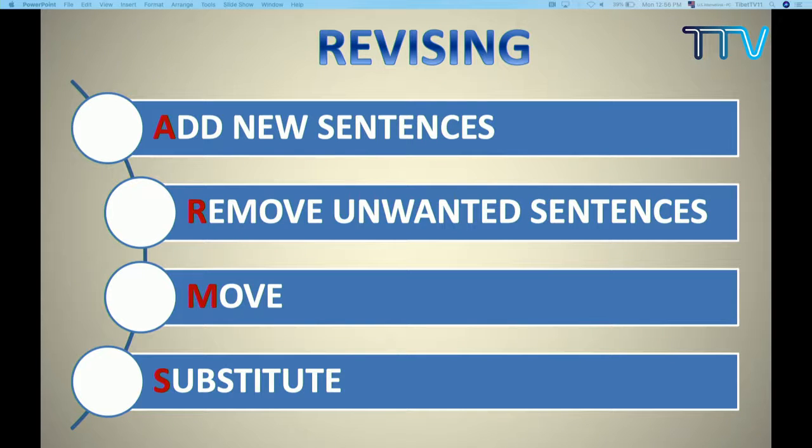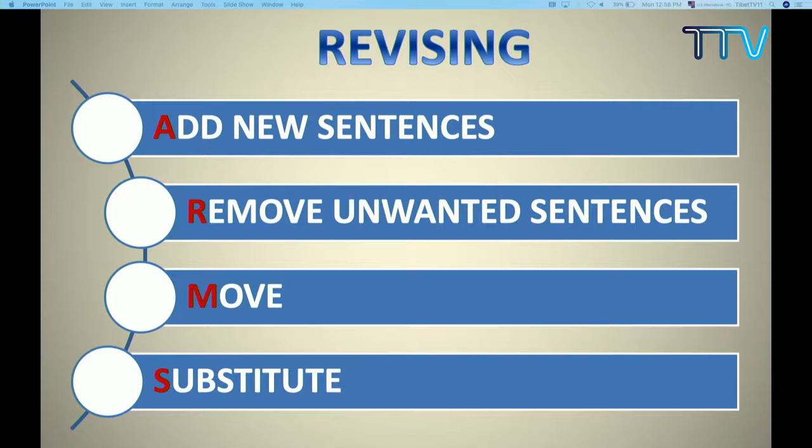Again, there may be some unwanted sentences which do not follow the topic sentence, so you delete them. Or like Getanjola has done, some sentences during drafting may be out of order, so you shuffle the sentences and put them in proper order.